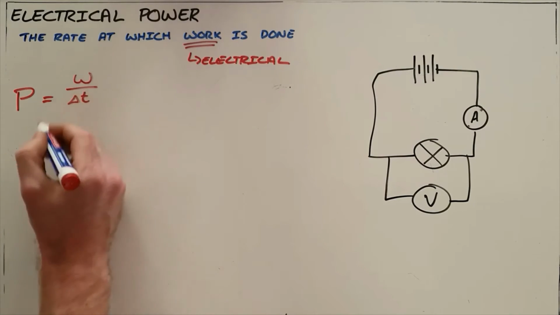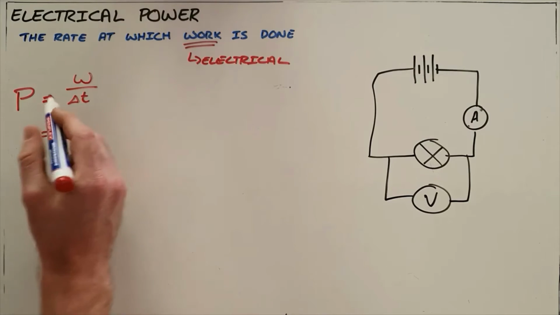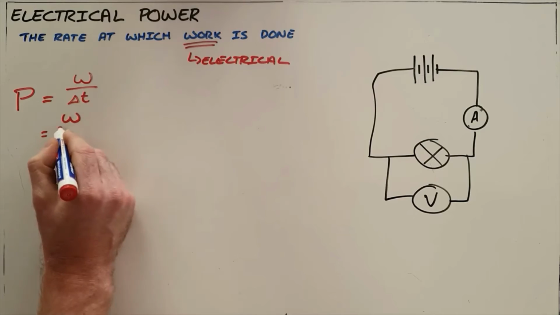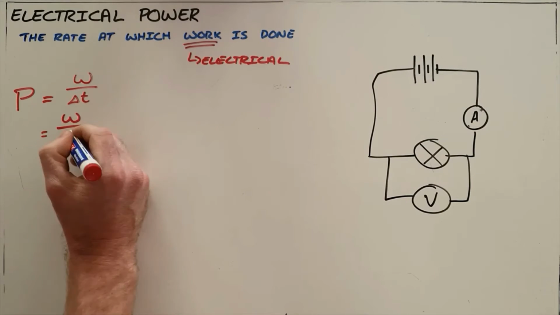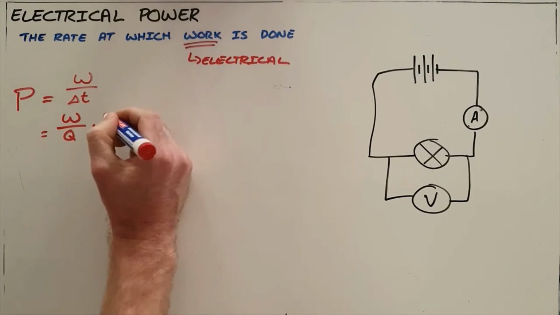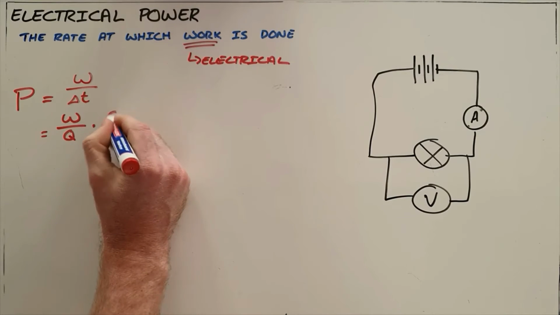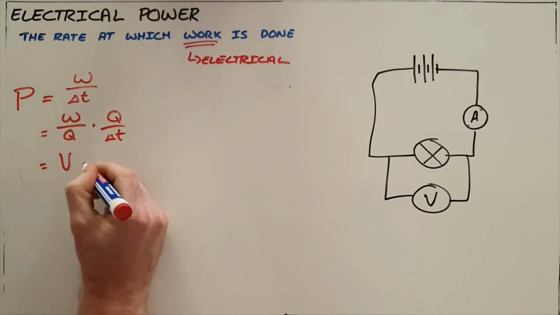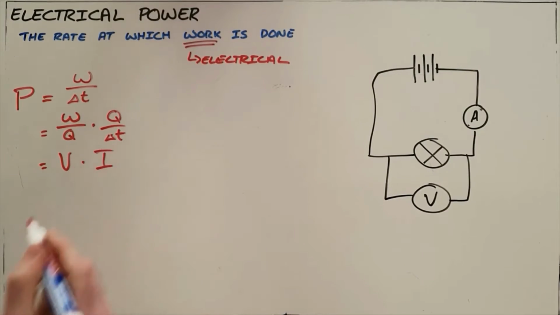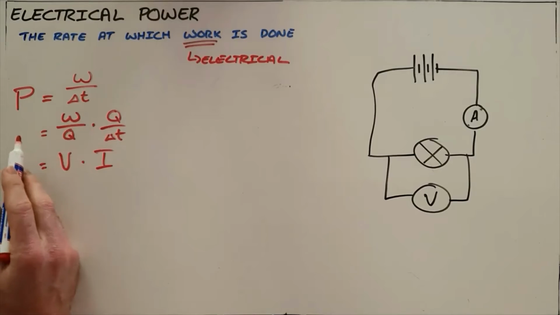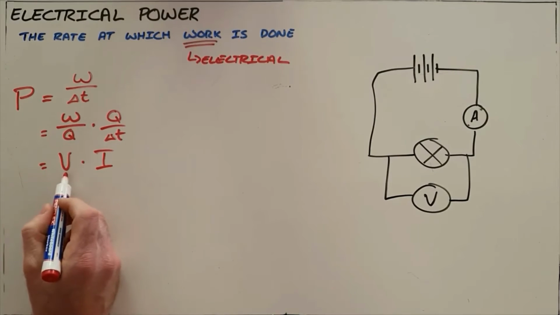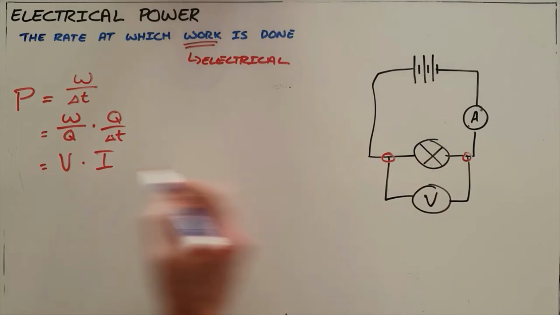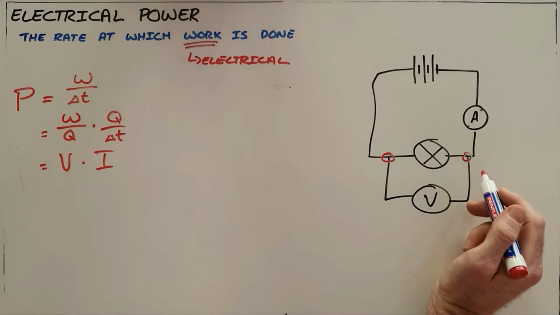And we also know that this can be rewritten as power being work over time, where work over charge and charge over time are two separate terms that we already know: voltage, or potential difference, and current. So we can say that power is the product of the voltage across a specific resistor and the current that is passing through that resistor.